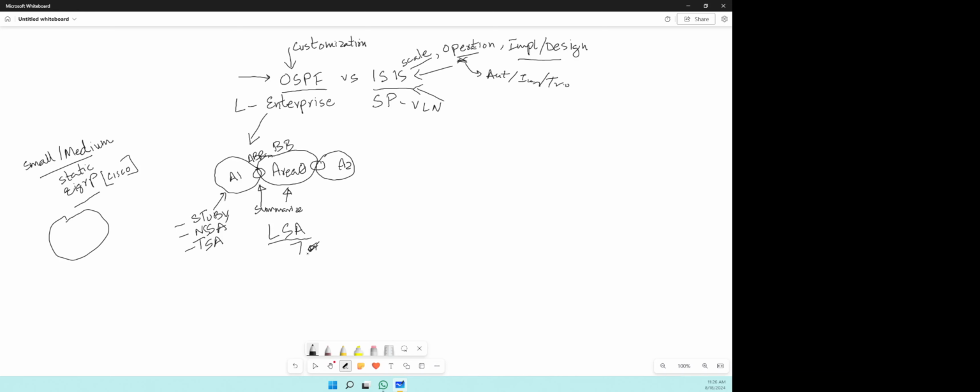There could be more, but at least 7. Now, the more information you flood, the more time it takes. And when it takes more time, it affects your convergence.